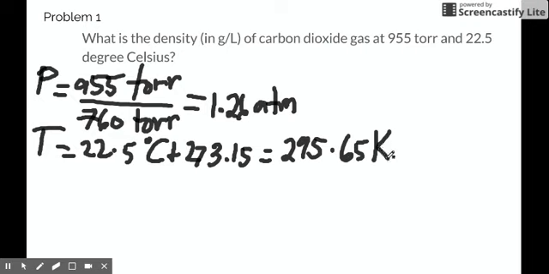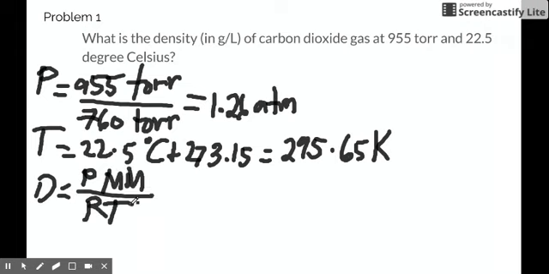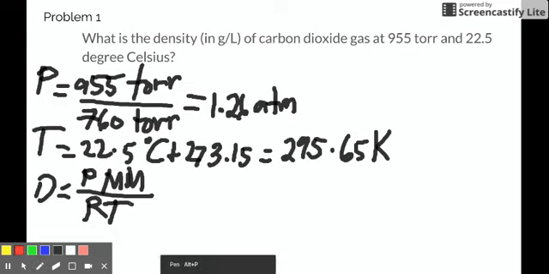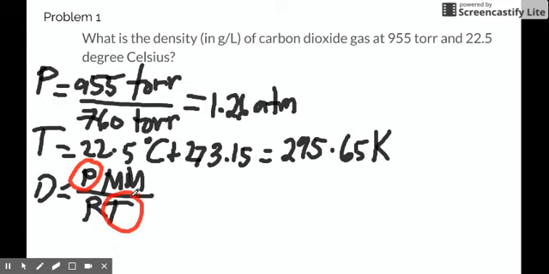The formula we're going to use for density is equal to pressure times molar mass over RT. Now look at the variables that you need. We're done with pressure. We're okay with T. And of course, R, the gas constant that you need to memorize.